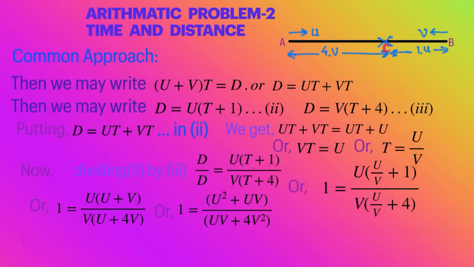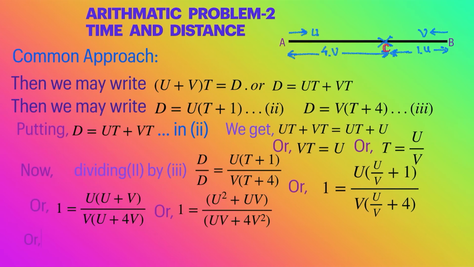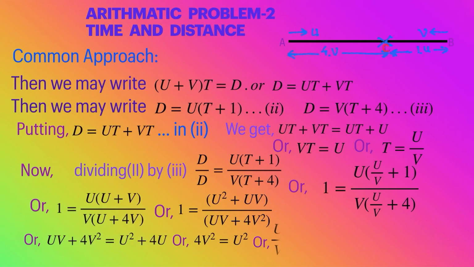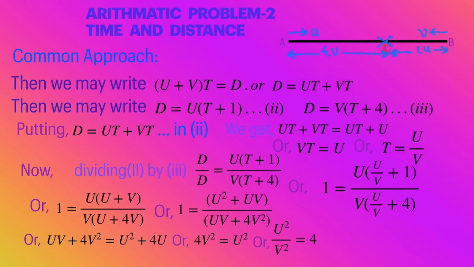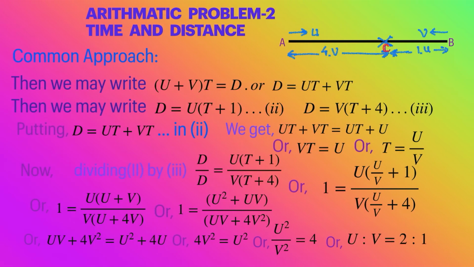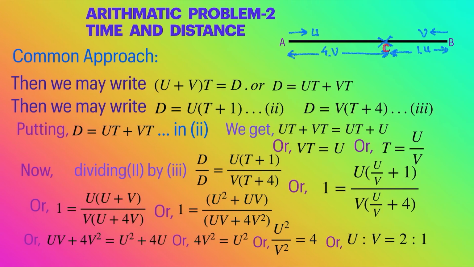Then cross multiplication gives uv plus 4v square equal to u square plus uv, or 4v square equal to u square, or u square by v square equal to 4, and that is u is to v equal to 2 is to 1.